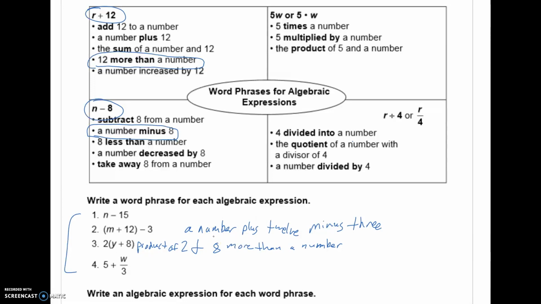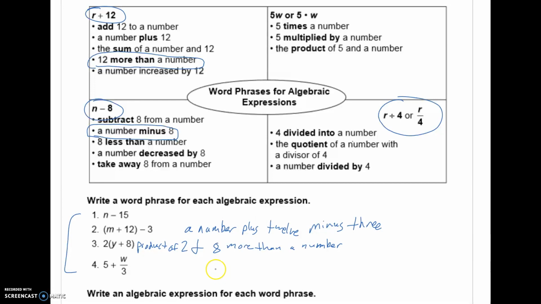All right, last one here. 5 plus w divided by 3. So we know that w divided by 3, here's our example up here. There's a couple different options.